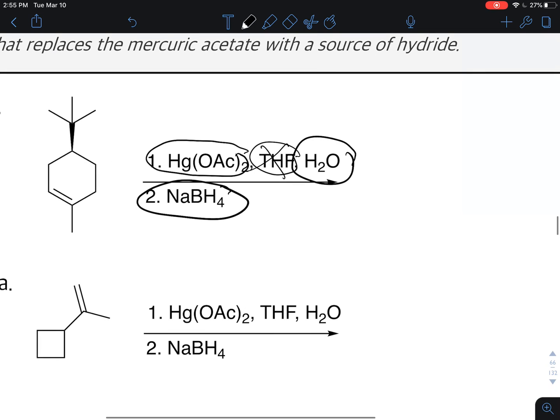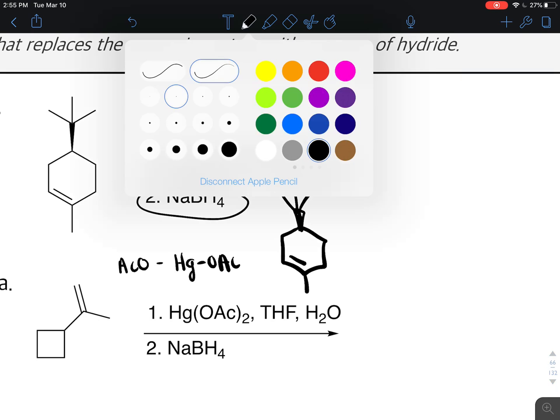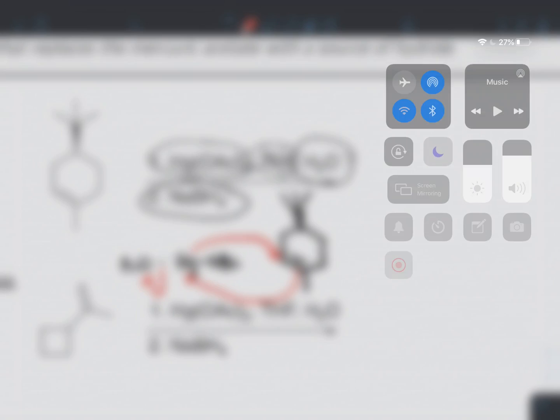But essentially what happens is if I draw that starting material over again, and this is my main reagent, we still have a concerted mechanism where that pi bond is going to grab mercury, kick off an acetate, and then also form a cyclic mercuric acetate intermediate.